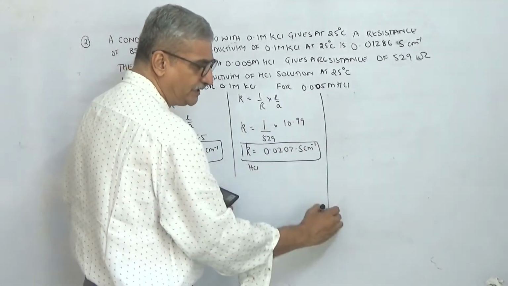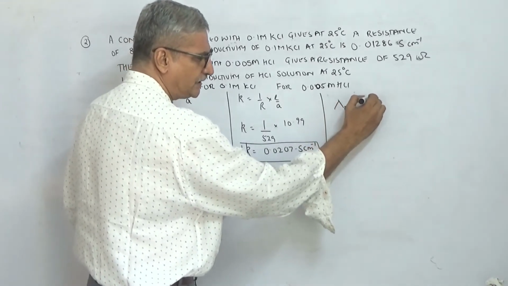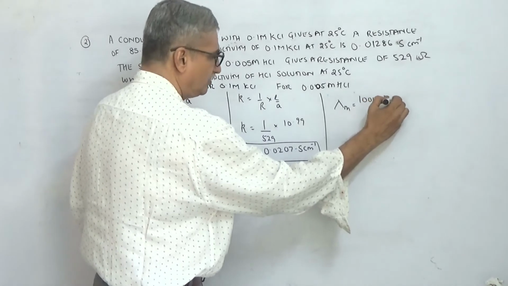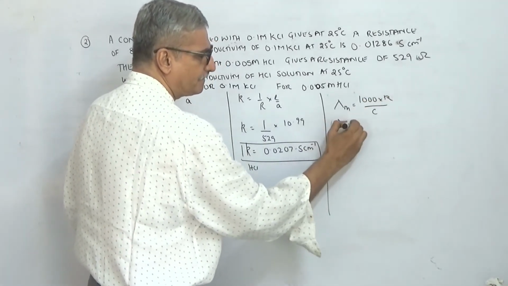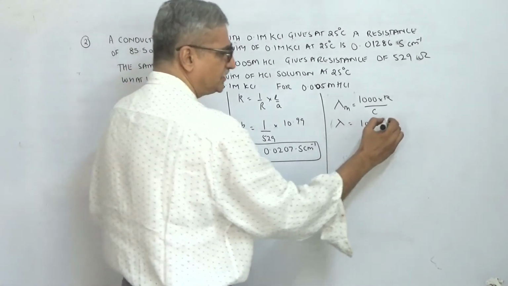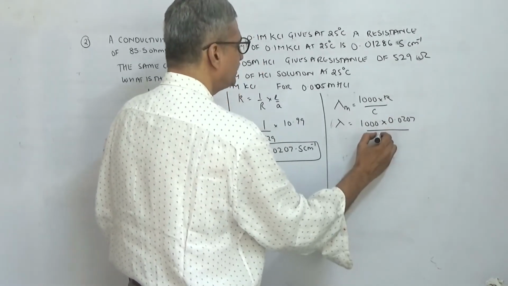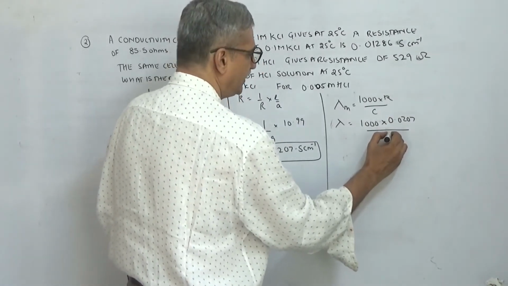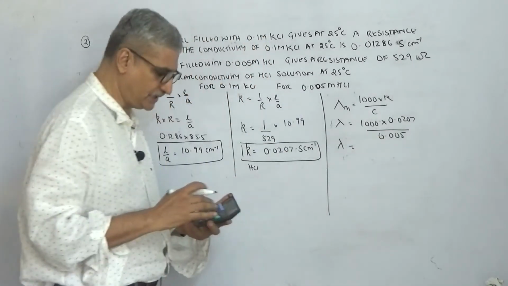Then the next one: molar conductivity is equal to 1000 into K divided by C. So that is 1000 into 0.0207 upon C, the concentration, which is 0.005. I am not shortening it, we can just do it like that only.